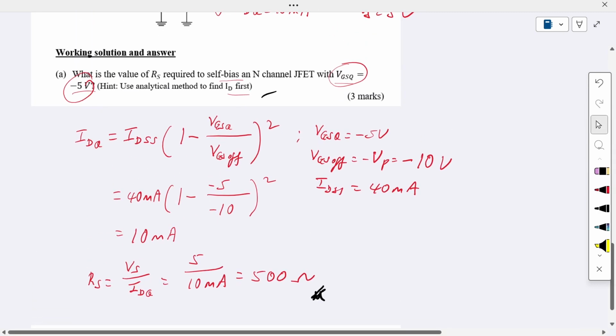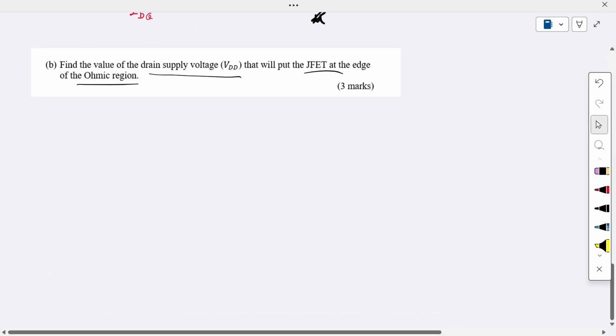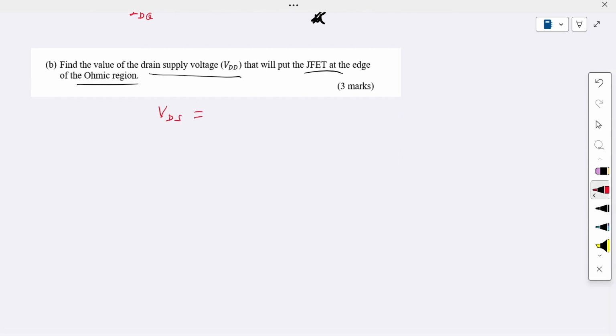Okay. So next, find the value of drain supply voltage that will put the JFET at the edge of the ohmic region. The JFET will be at the edge of the ohmic region if it fulfills this equation: VDS is equal to VDS pinch-off, right? So what is the VDS pinch-off? VDS pinch-off is equal to Vp plus VGS.